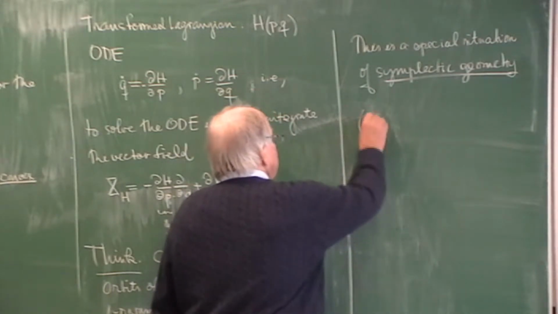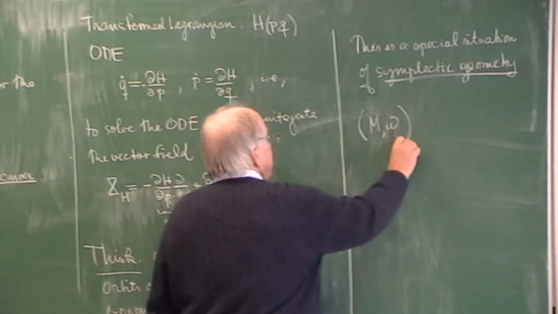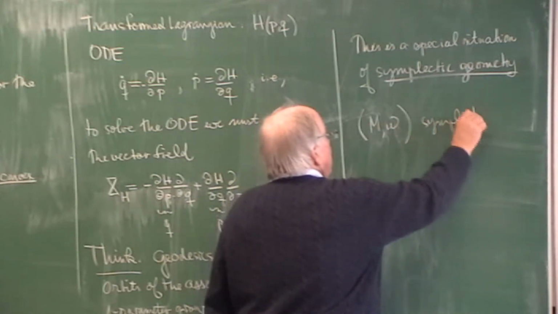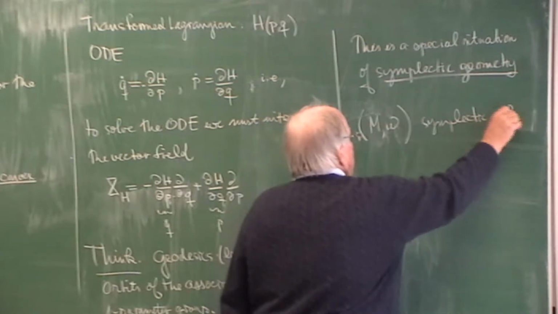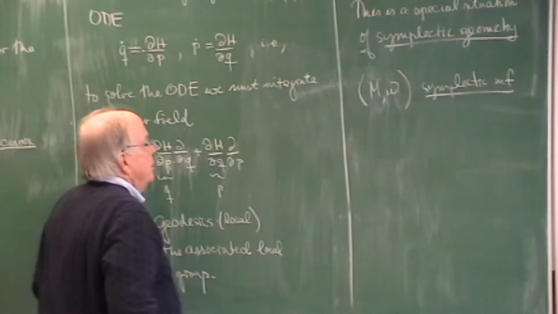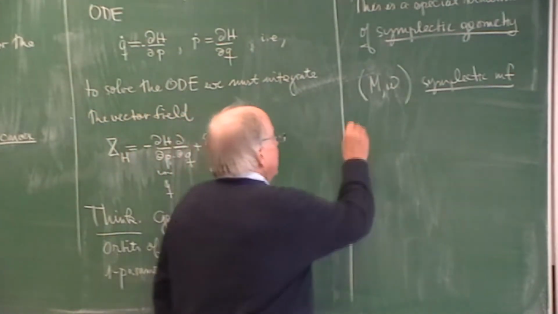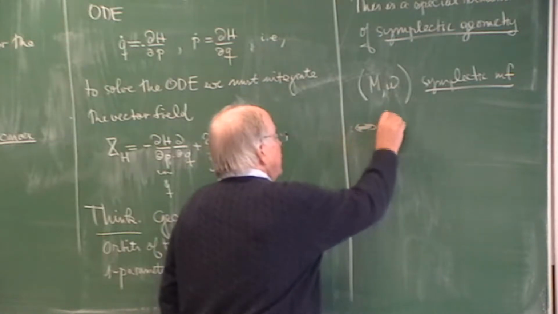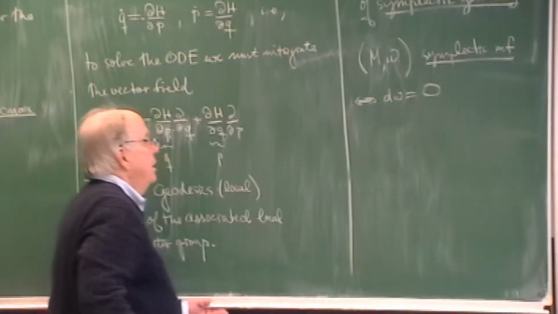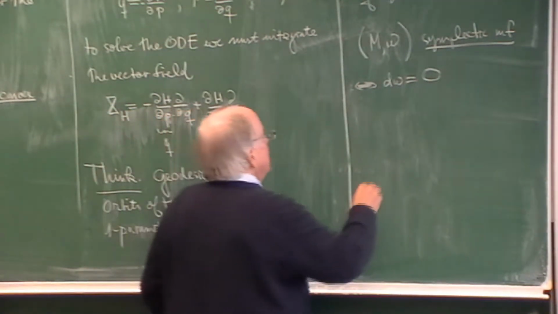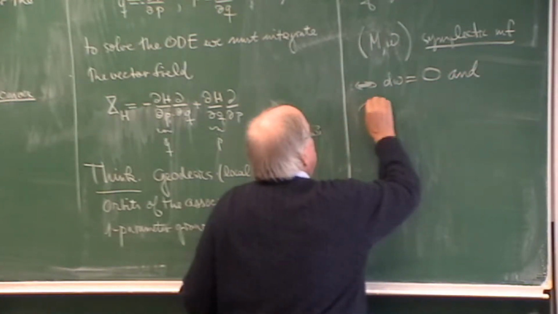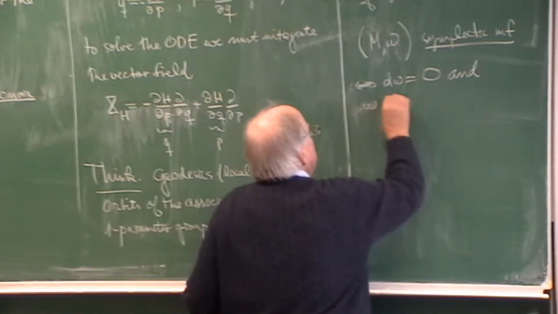So, some definitions. I started last time with some definitions. One is that a symplectic manifold, omega, is a symplectic manifold. So M is always a manifold. Here in this discussion it means that omega is closed and non-degenerate.